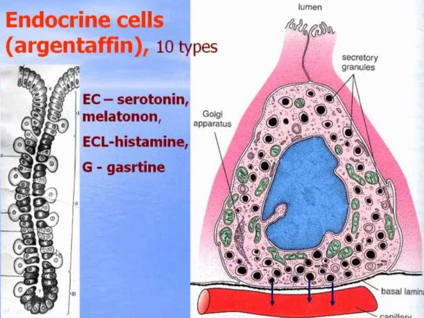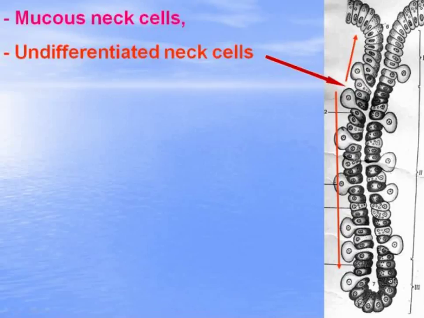And these hormones regulate, first of all, the activity of gastric glands, the blood circulation in the stomach mucosa, and movement of the stomach.